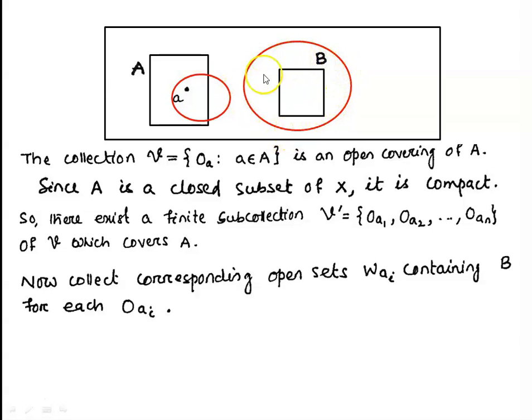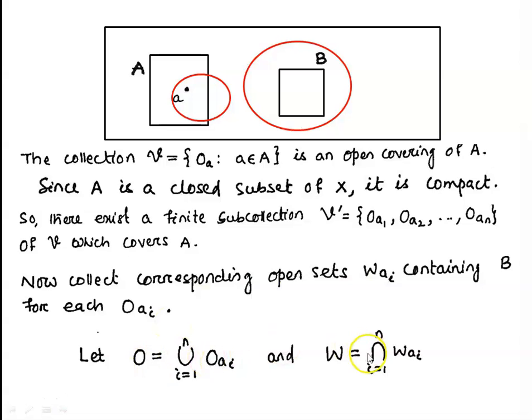Let us collect this corresponding Wa1 which contains B. Similarly, if our a is somewhere here, then we will have an open set like this, which is our Oa2, and correspondingly we will have another open set here, Wa2, which contains B. Collect that Wa2.